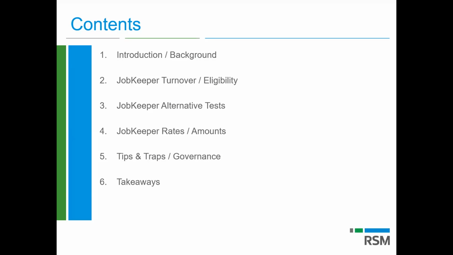We'll also look at the circumstances in which the basic test is inappropriate and what are the alternative tests that an employer might want to use to be able to access JobKeeper 2.0, and how those alternative tests apply in different circumstances. We'll look at covering the various rates and amounts relevant to JobKeeper 2.0 in comparison to the more simplified JobKeeper 1.0 scheme. And lastly, but hopefully not least, we'll cover some of the more practical tips and traps and a bit of where to from here.